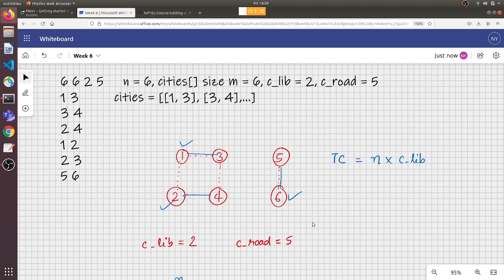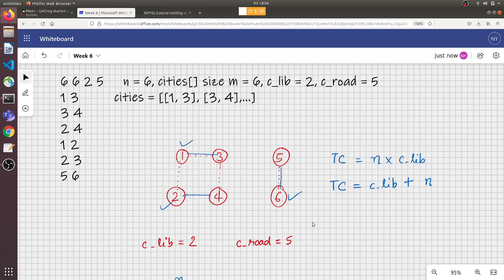But if there are n cities and you build a single library, that will be CLib, plus you build roads. How many roads will be required if you build one single library at one city and there are n nodes?